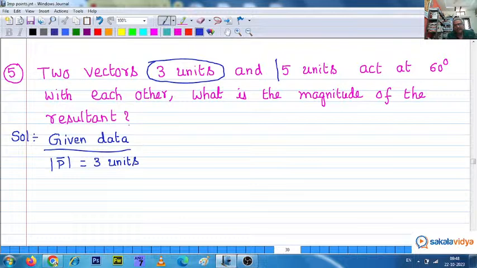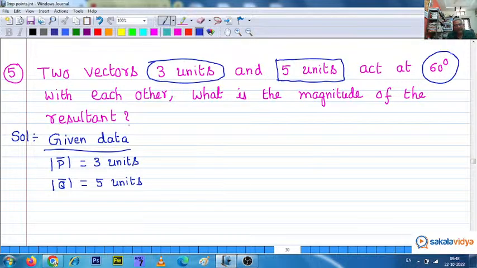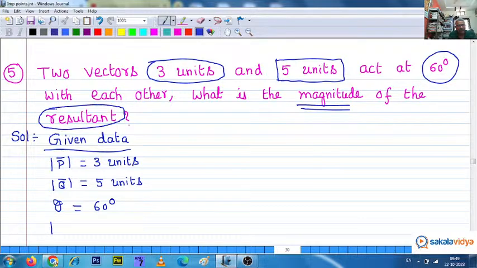Magnitude of the second vector, mod q is equal to 5 units. Next, the angle between them is 60 degrees, so theta is equal to 60 degrees. Then the magnitude of the resultant we need to find out, that is mod r bar.